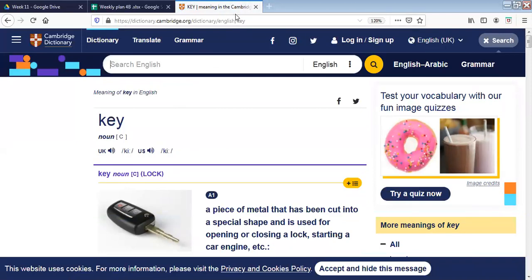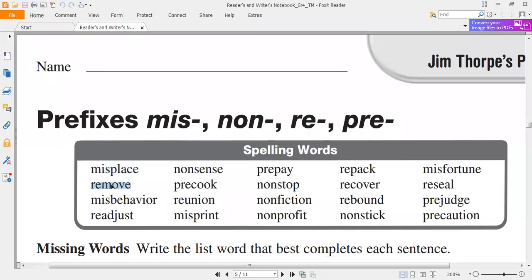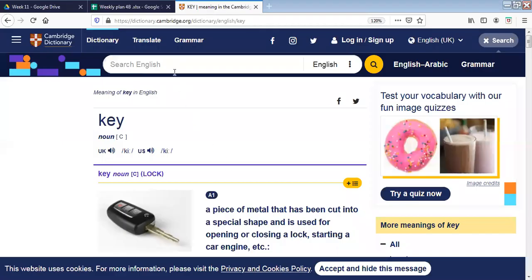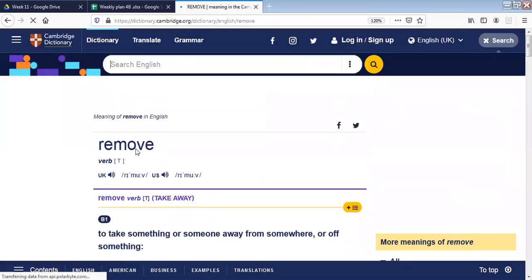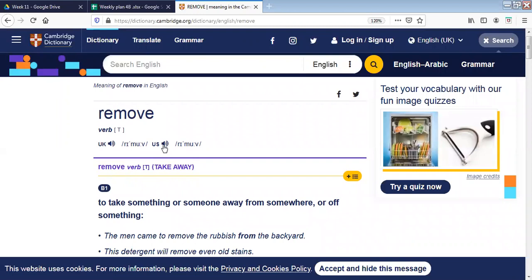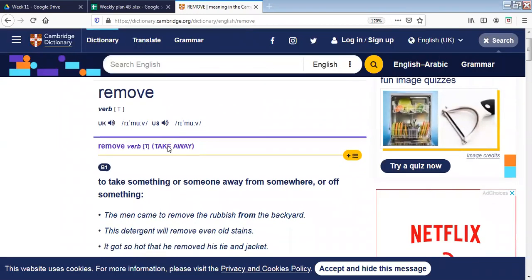Here, the second one, we have, listen and repeat, guys. Remove. Remove, it means what?